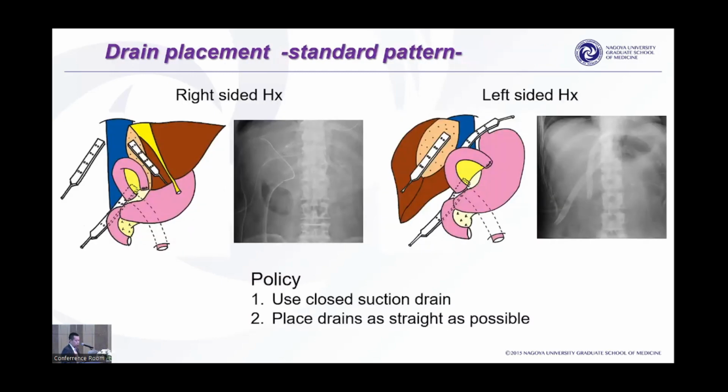This figure shows the standard drain placement in right-sided and left-sided hepatectomy. In principle, 2 or 3 drains are placed near the hepatojejunostomy and liver transection surface. And in right-sided hepatectomy, another drain is placed at the right subphrenic space.